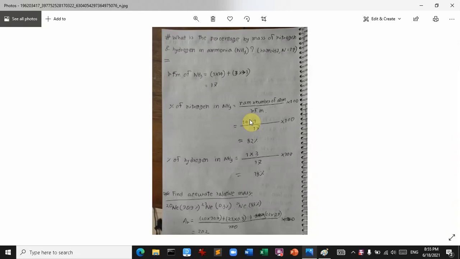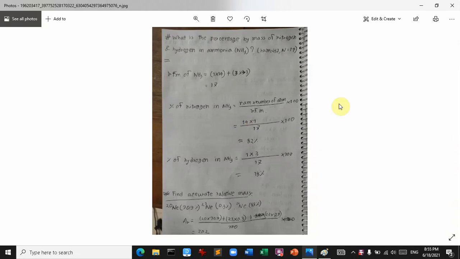Here, to find the total percent of nitrogen in ammonia, we put the mass of nitrogen, multiplied it by the total number of nitrogen atoms present in that molecule, and then divided by the whole molecular mass.